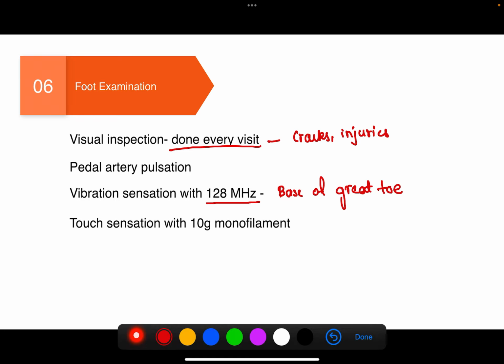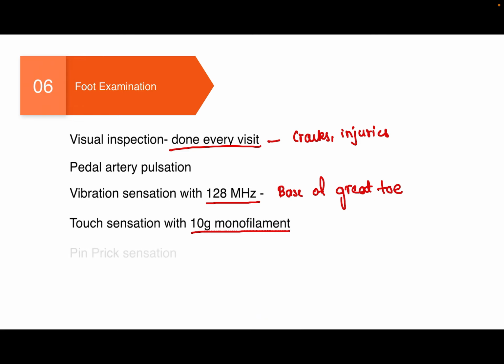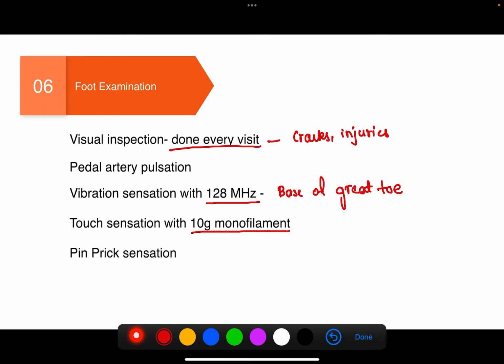Then touch sensation. If you go to any surgical shop or Amazon or any online platform, you will get a 10 gram monofilament. You can test for touch with it. Touch it to the foot and see if the patient is able to sense it or not. Pinprick sensation checks for pain.